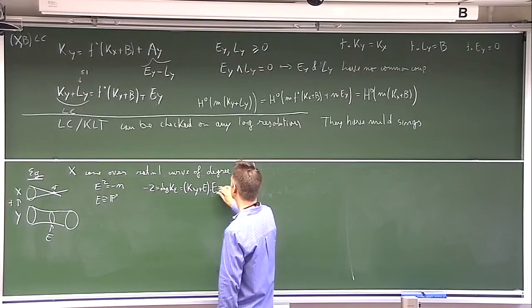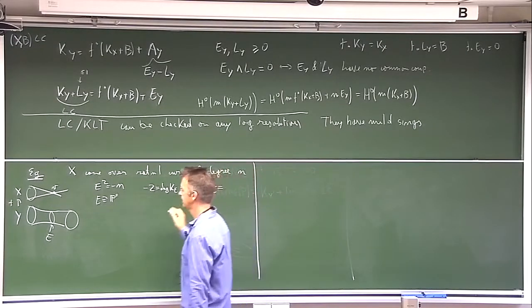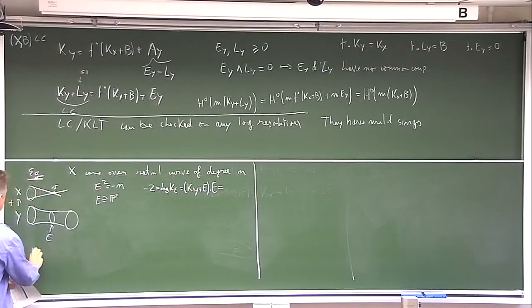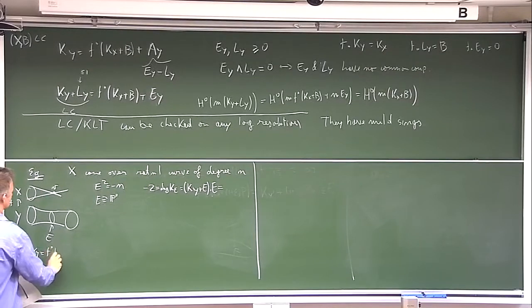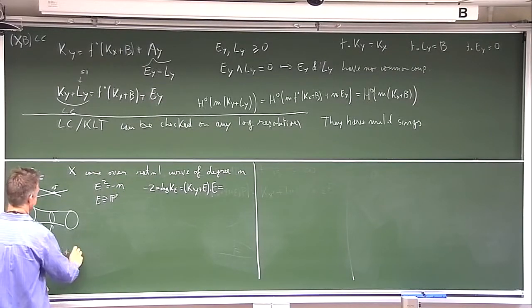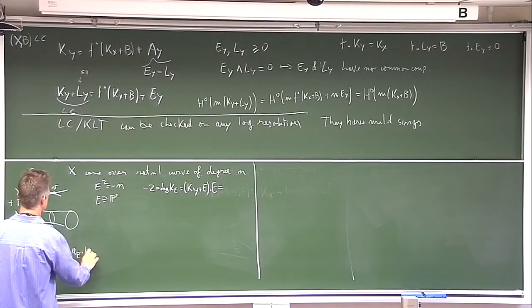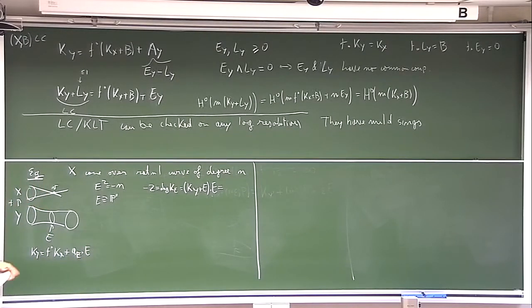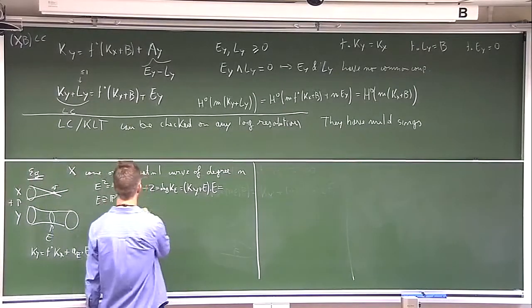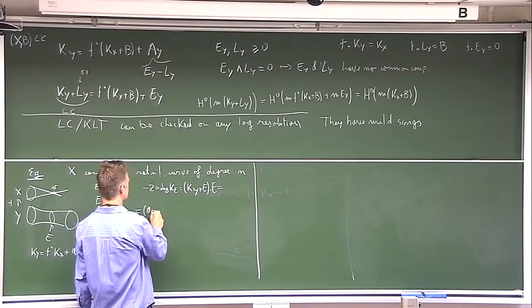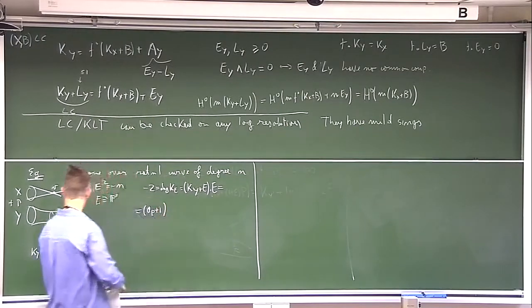Now, K of Y is just the pullback of K of X plus a of E times E, right? And the pullback of K of X will intersect E trivially.